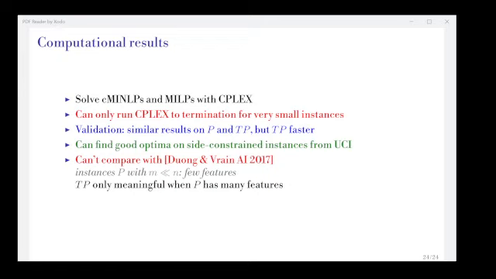Unfortunately, we can't compare with the constraint programming approach, not really because of the difference I sketched earlier between how you have to implement in CP, whereas you just have to add to the formulation in MP, but because this paper actually uses instances with very, very few features. And of course, we can't project few features if they're already few.